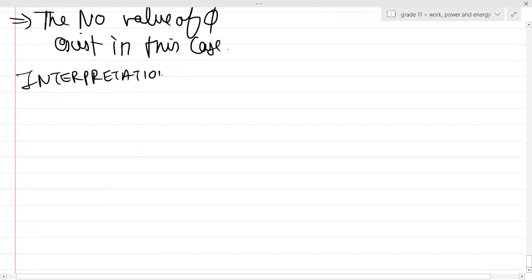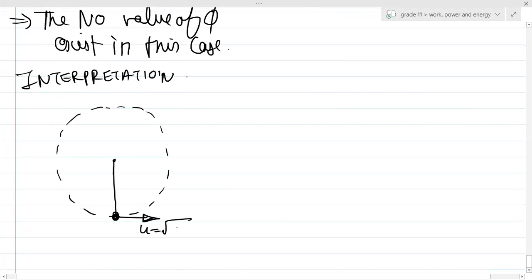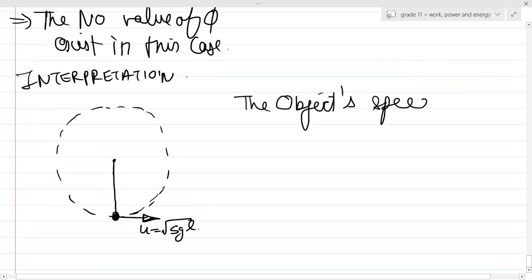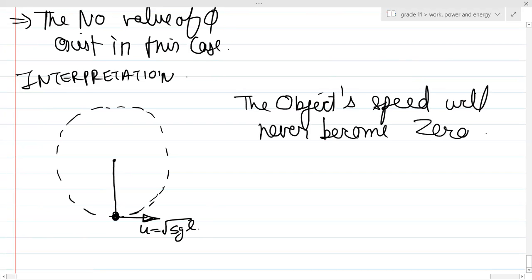interpretation is that when the object is thrown with a velocity of under root of 5gl, then the velocity of the object will never become 0 at any point on the vertical circle.